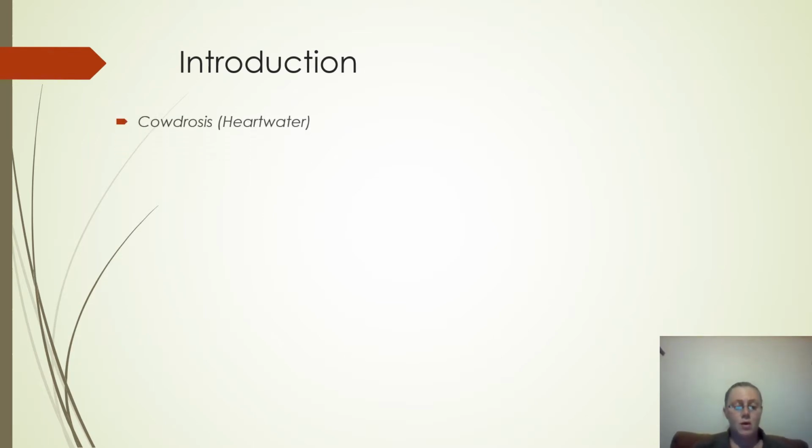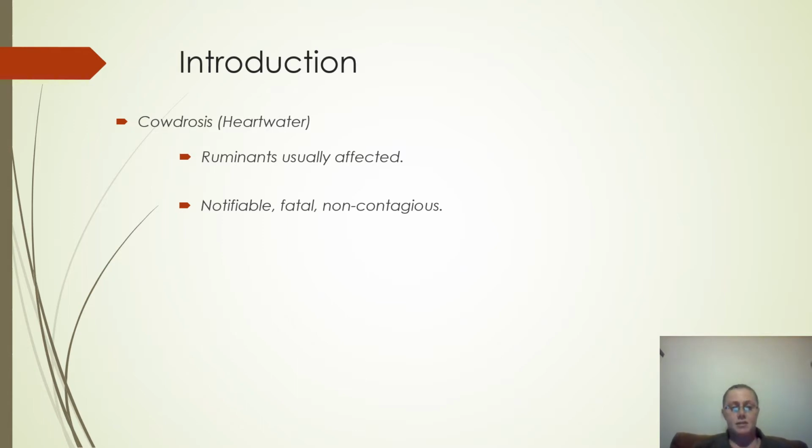Cowdriosis, or more commonly known as Heartwater, is a disease that affects ruminants in South Africa. It is a fatal disease which is very vital to understand, especially for the farmers of South Africa. It is non-contagious, but it is notifiable, as many livestock do die from Heartwater.